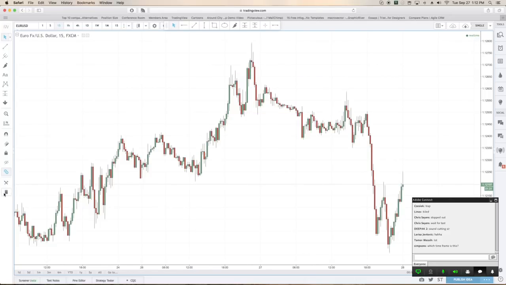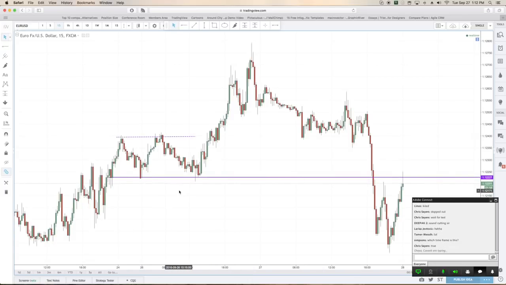Okay. Ranges. Can everyone tell me that this is a range? Is that a range? Yeah? Okay, what if I do this?